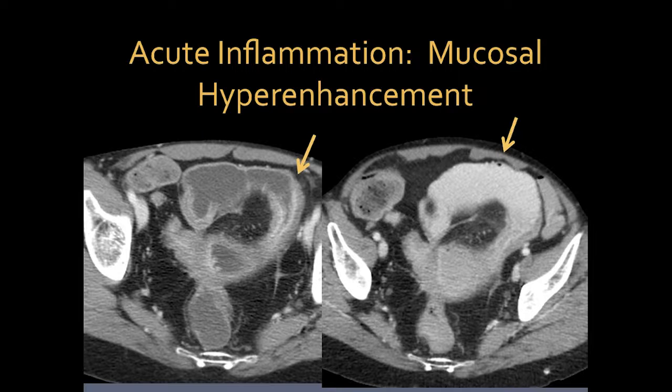So this is the same patient, IV contrast only on one image, IV and oral contrast on the other. And you notice that that positive contrast is exactly the same density as the mucosal hyperenhancement. It completely masks it, masking an important sign of acute inflammation.